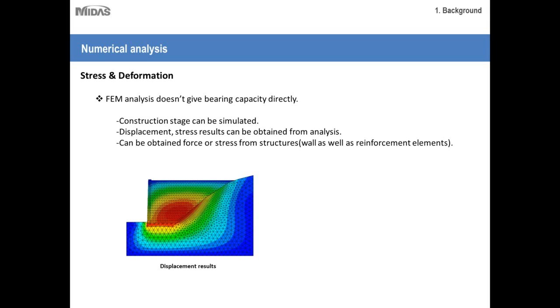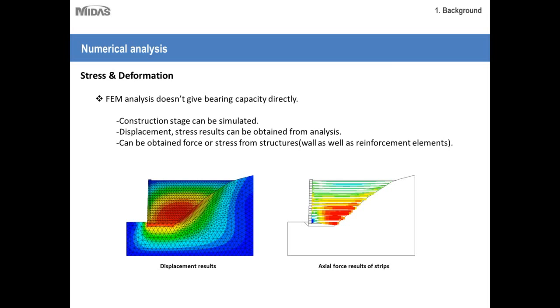And it gives the forces not only for your wall elements but also for the reinforcements. So you can see the actual forces are obtained for these reinforcements. Now if you notice here, the actual forces are higher at the bottom as compared to the top.